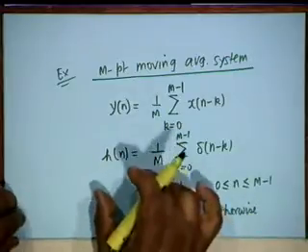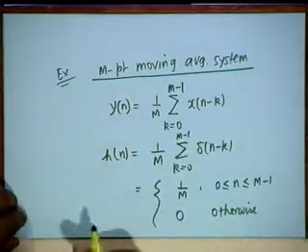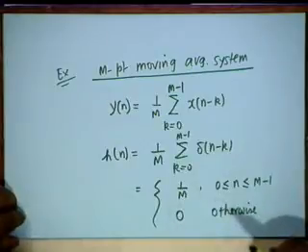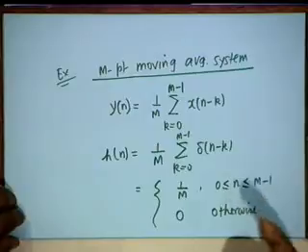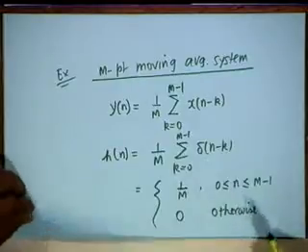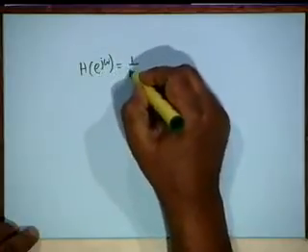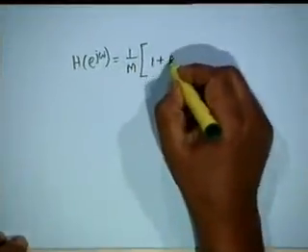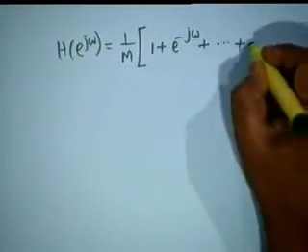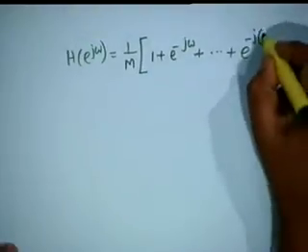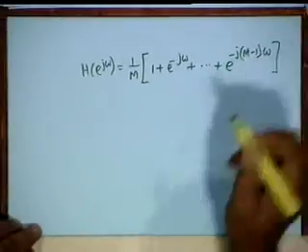For frequency response, all we have to do is to take the Fourier transform of this. So, we shall get a summation, 1 plus e to the minus j omega plus e to the minus j 2 omega, up to the Mth term, that is e to the minus j omega M minus 1, the whole thing divided by M. So, the frequency response capital H of e to the j omega is 1 by M, 1 plus e to the minus j omega plus etc. up to e to the minus j M minus 1 omega.